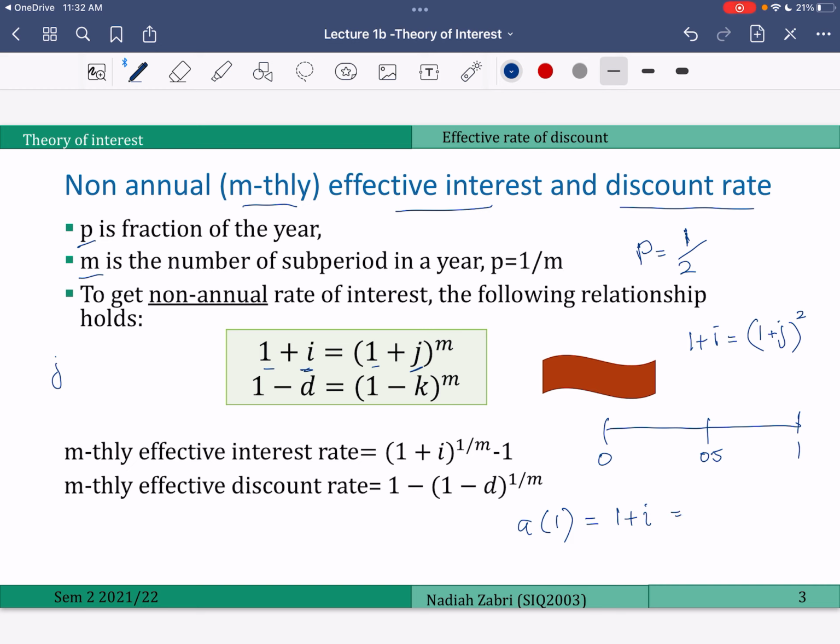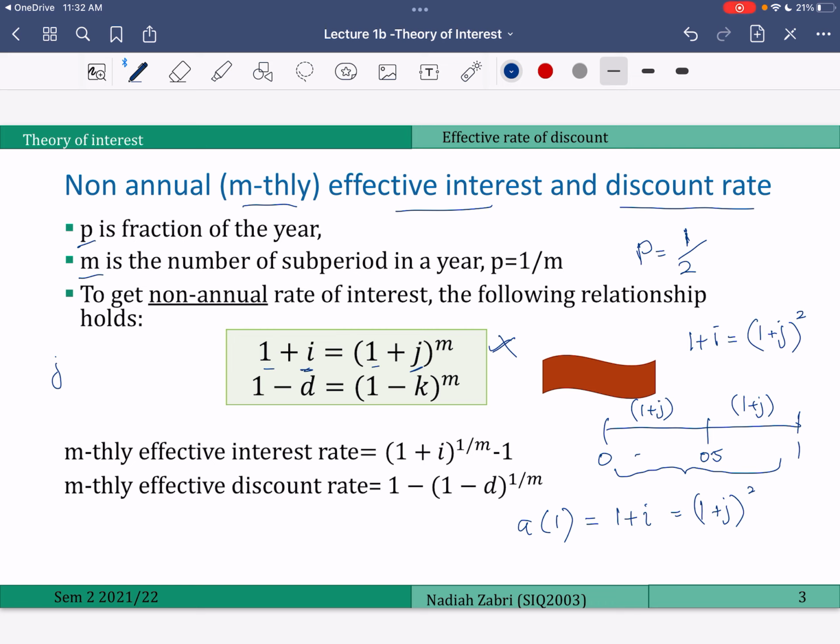And it is also equal to 1 plus J times 1 plus J. So it is equal to 1 plus J to the power of 2. Okay. This relationship is only true if the interest rate within the period is constant. If not, then this relationship doesn't hold.